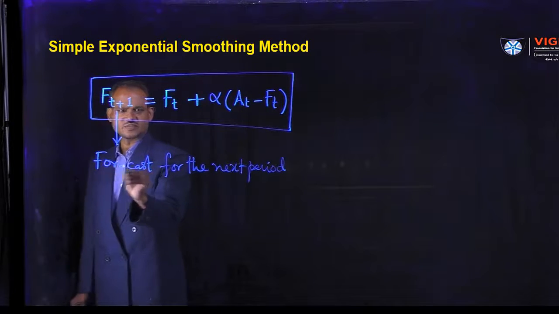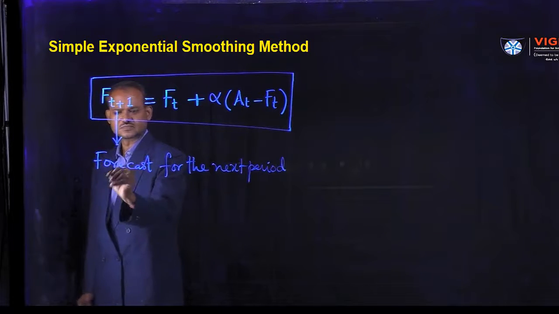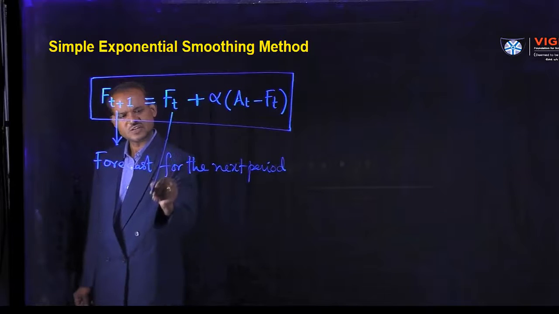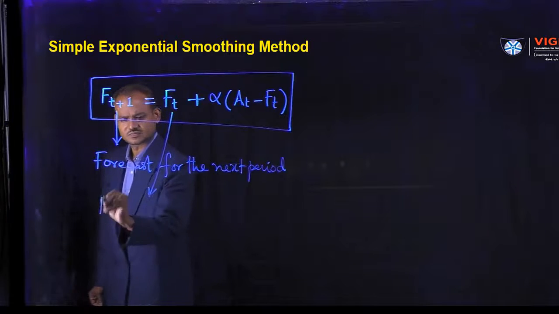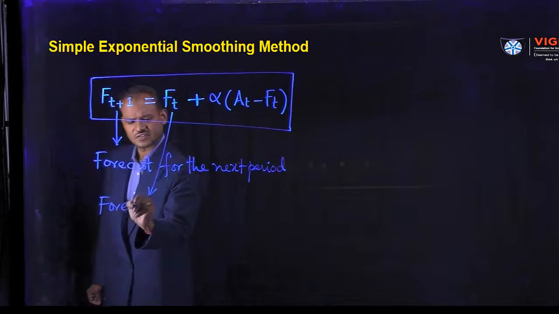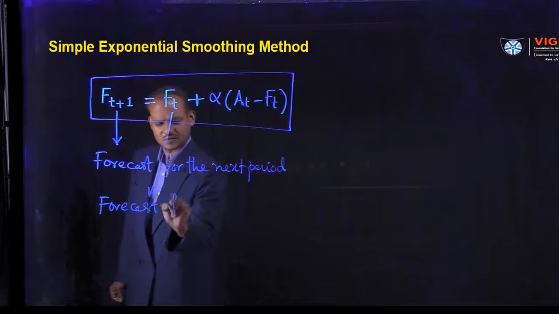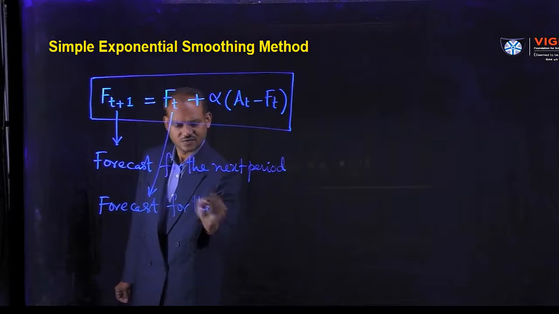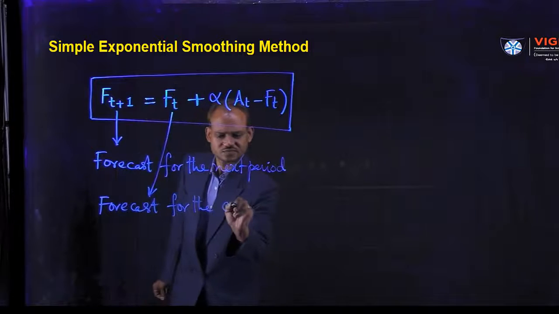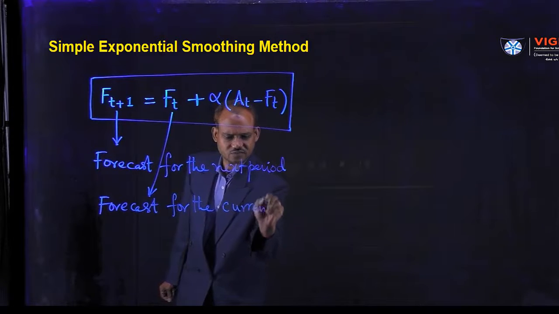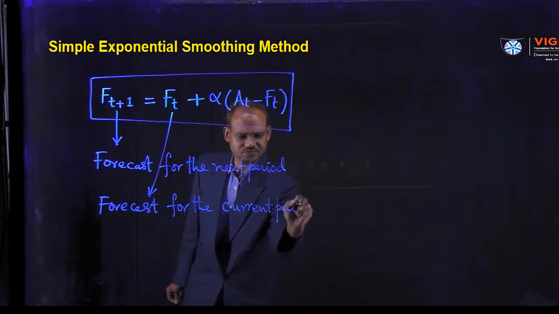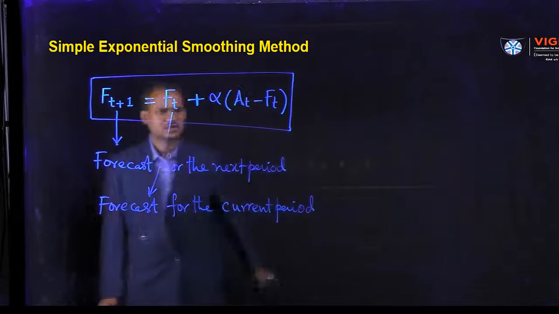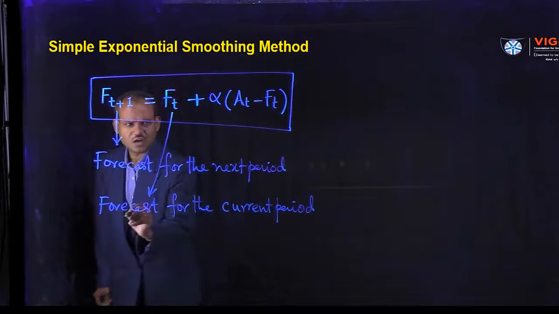Ft means forecast for the current period. Next, alpha.